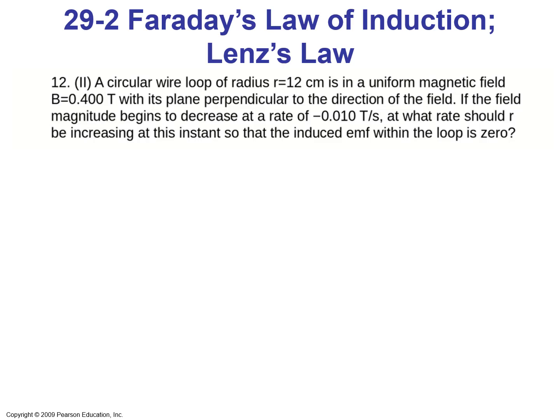So to solve this problem, we should use equation 29-2a to calculate the EMF. That equation says EMF is equal to minus the derivative of magnetic flux with respect to time. Now we have to plug in the values for the magnetic flux.